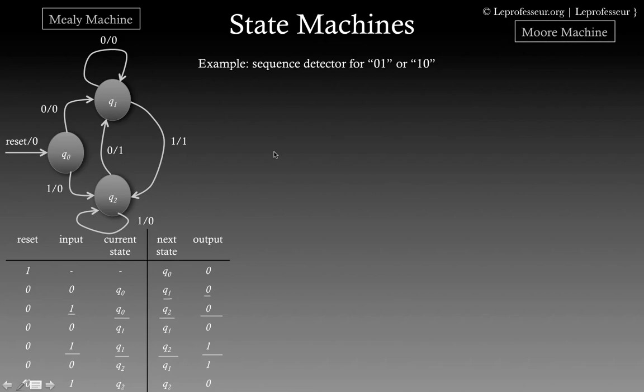Now let's talk about the Moore machine. There is a little difference in the state diagram for the Moore machine. As we said earlier, in a Moore machine the outputs are a function of the state only.